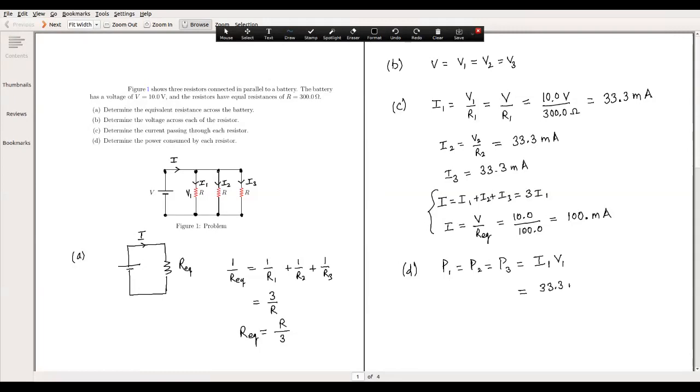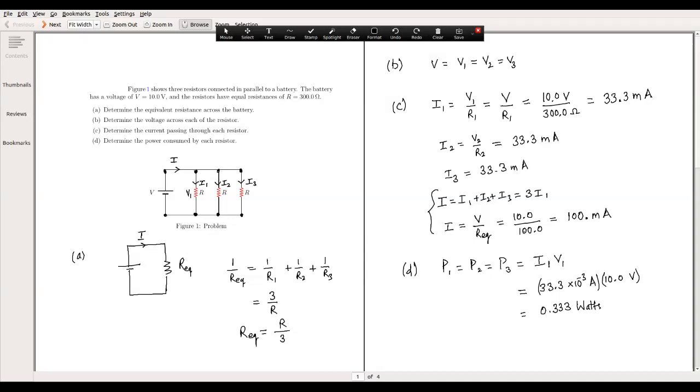So that's 33.3 milliamps, which is 10 raised to minus 3 amps, times a voltage of 10.0 volts. So that's 0.333 amps times 10 volts, which is in watts.